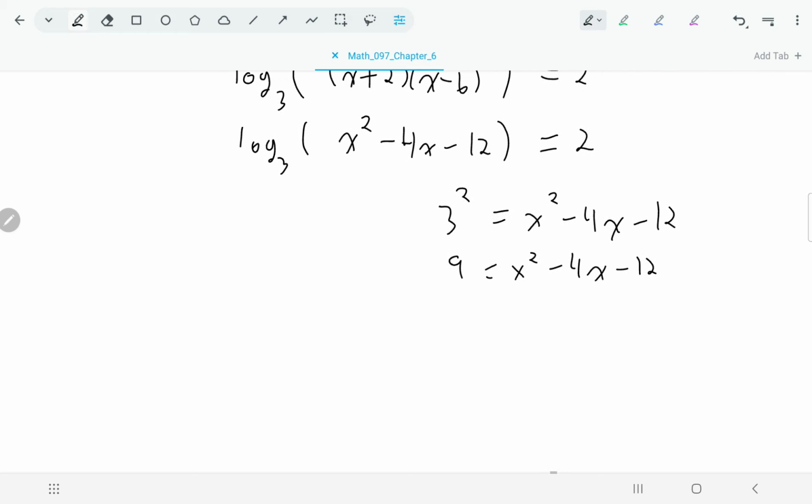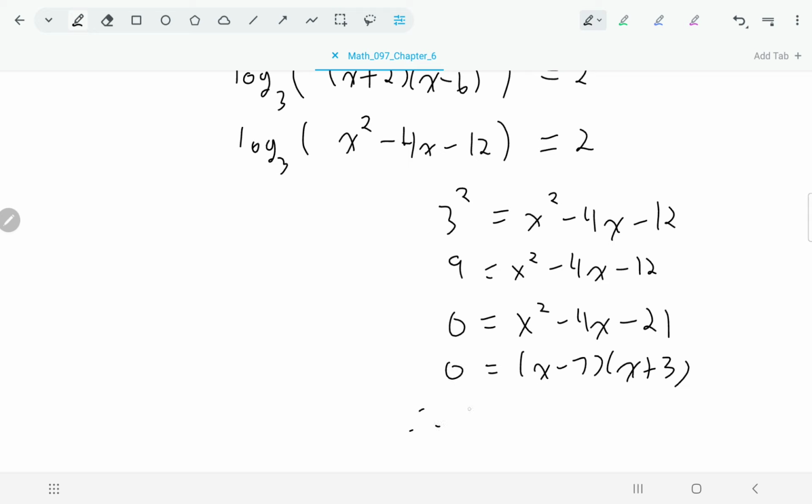Or if I bring the 9 to the other side, I've got x squared minus 4x minus 21. And numbers that multiply to negative 21 and add to negative 4 would be negative 7 and positive 3. So we come up with our two potential values for x, 7 and also negative 3.